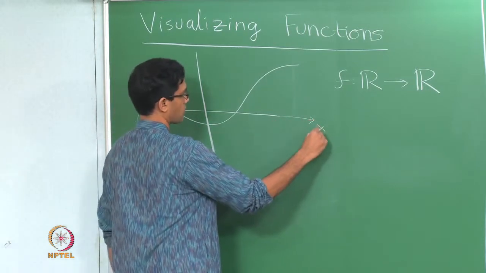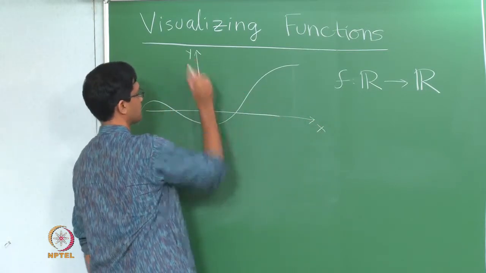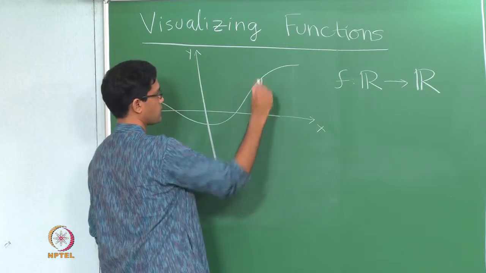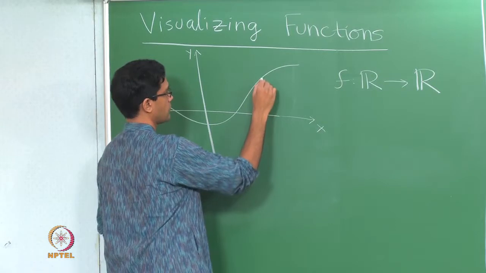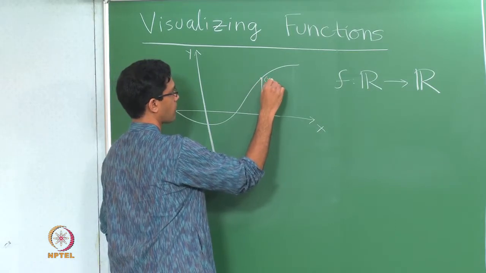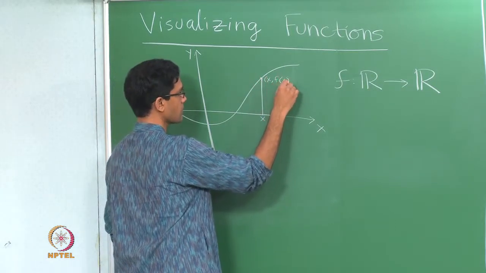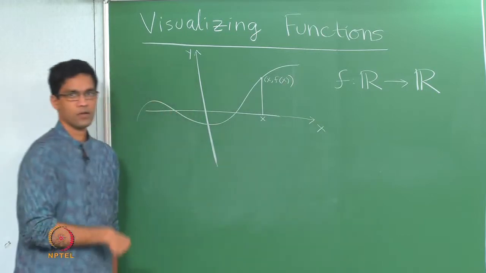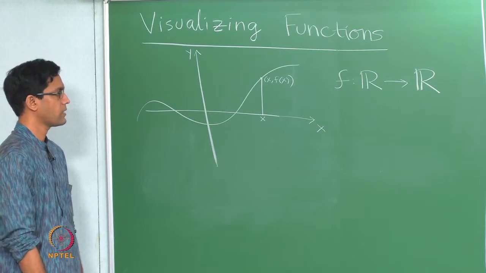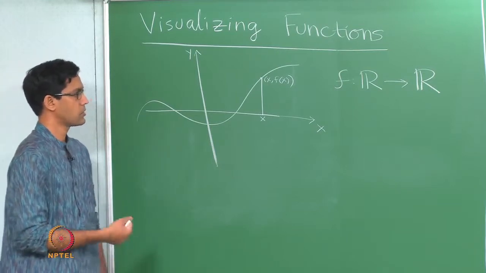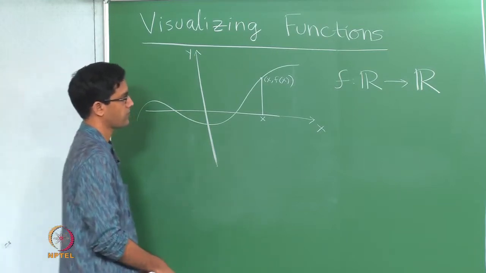So we talked about what the graph meant and also what continuity meant last time. For each value of x you look at the corresponding point (x, f(x)) on the graph, and you let x vary, and what it traces out is what we call the graph.